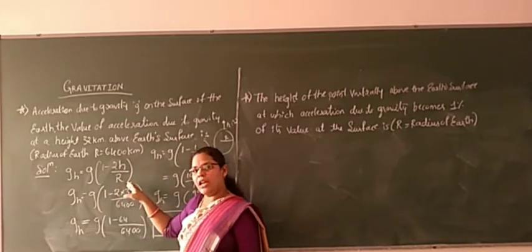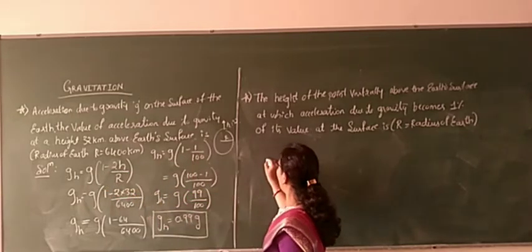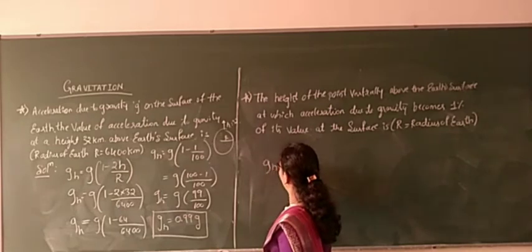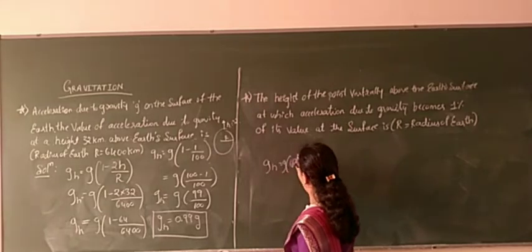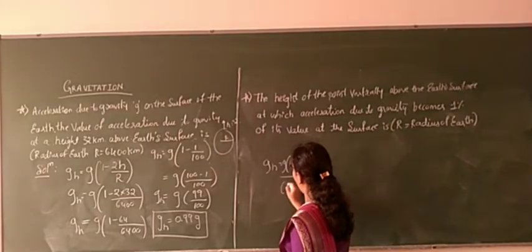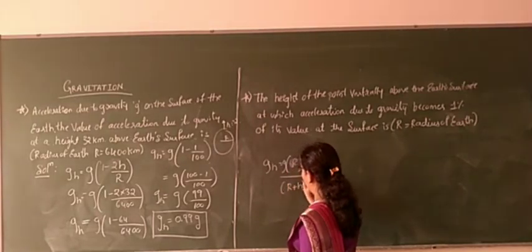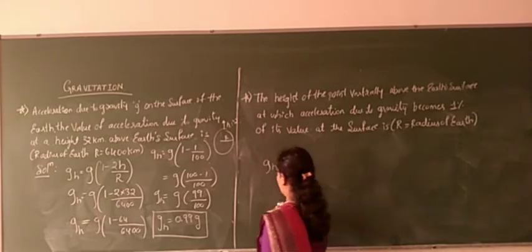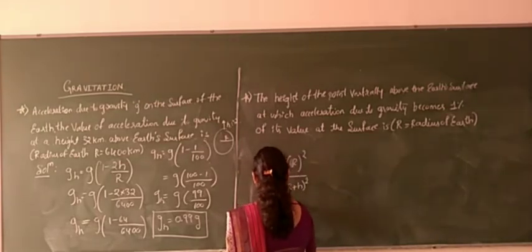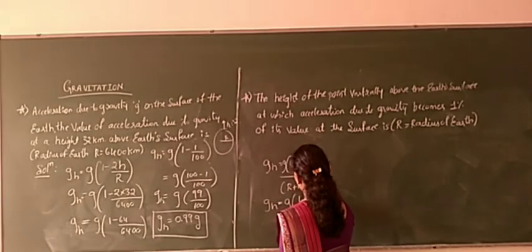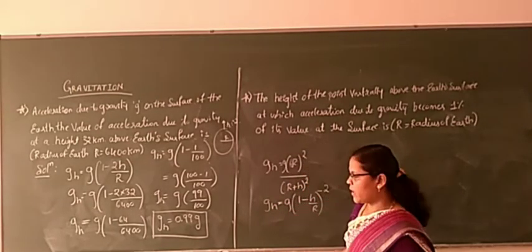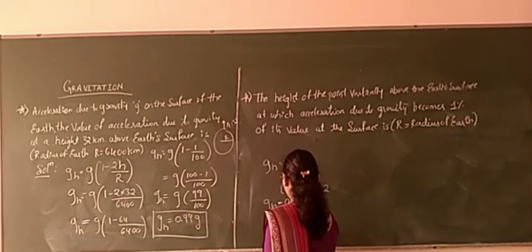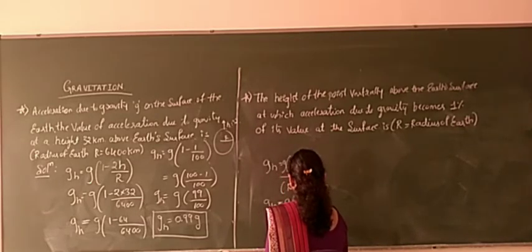We can frame this with the help of g h is equal to g of r square divided by r plus h whole square. So we can write it directly in the form of g of 1 plus h by r raised to minus 2 here. So it becomes g of 1 minus 2h by r.